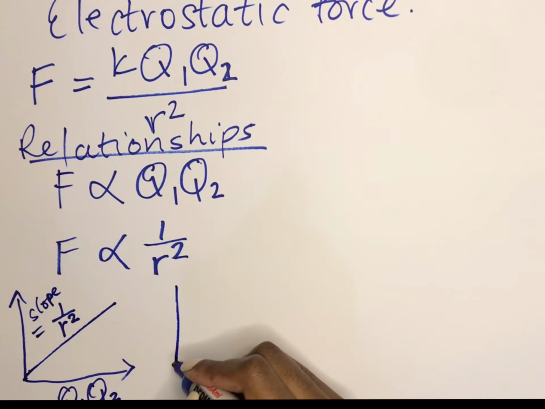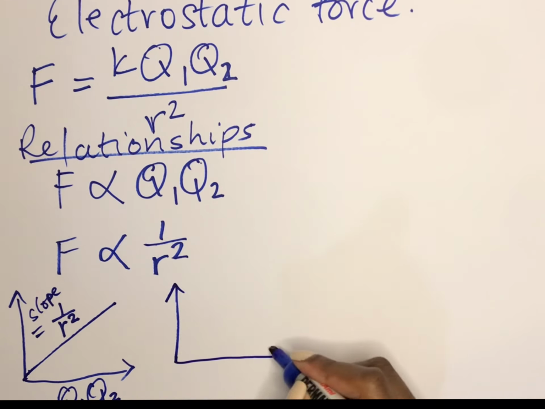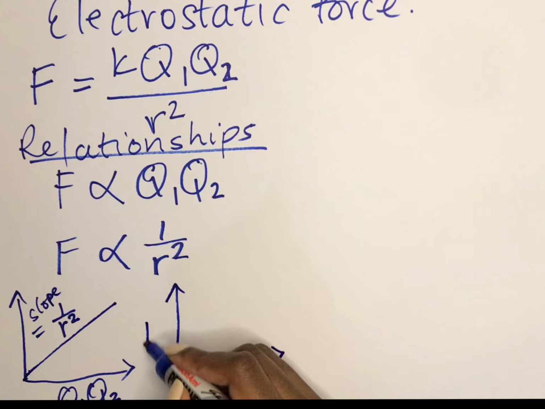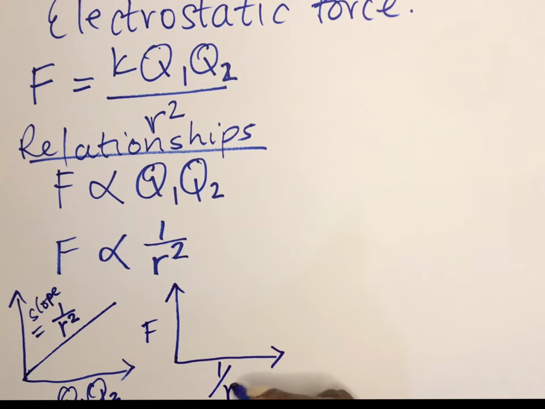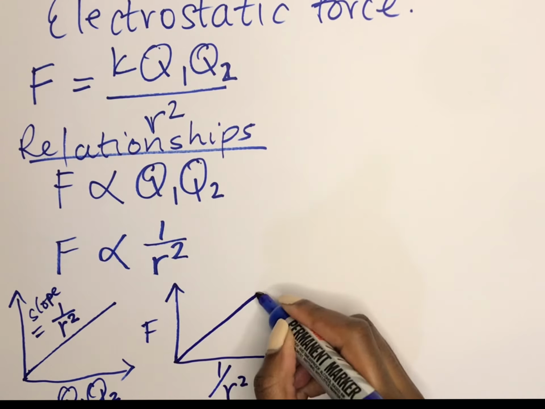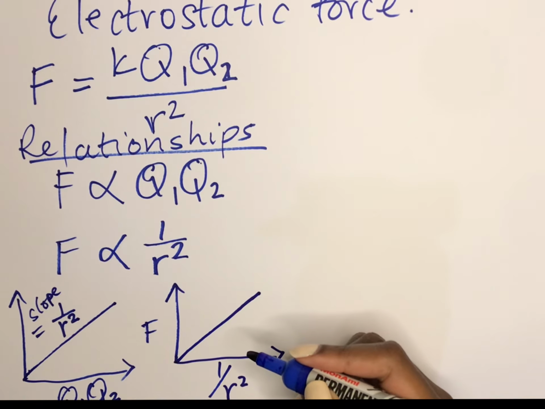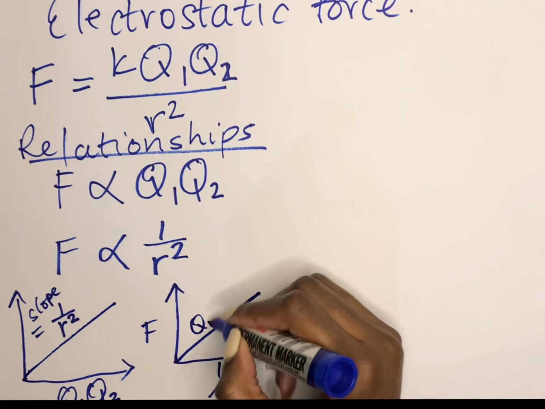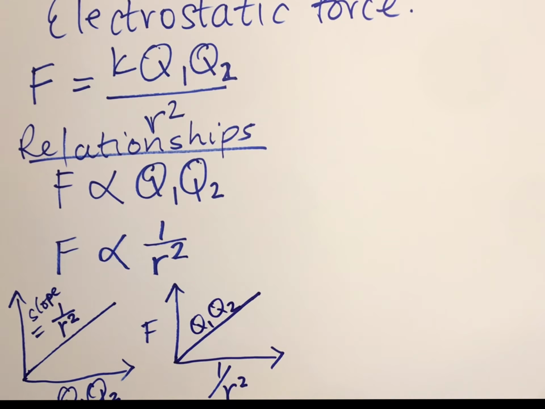And then you can also get another graph from this relationship. So F against 1 over r squared, straight line from the origin. And then the slope will give you Q1 times Q2, right?